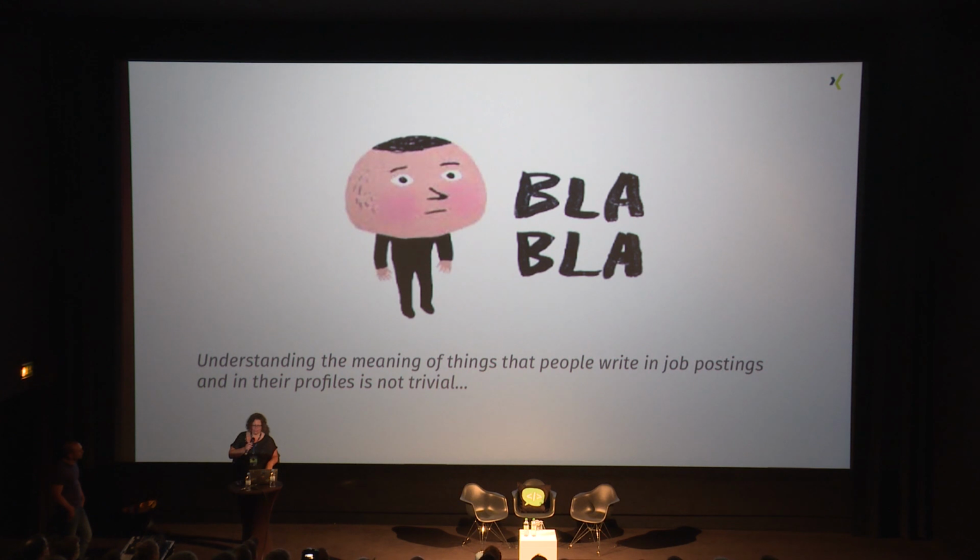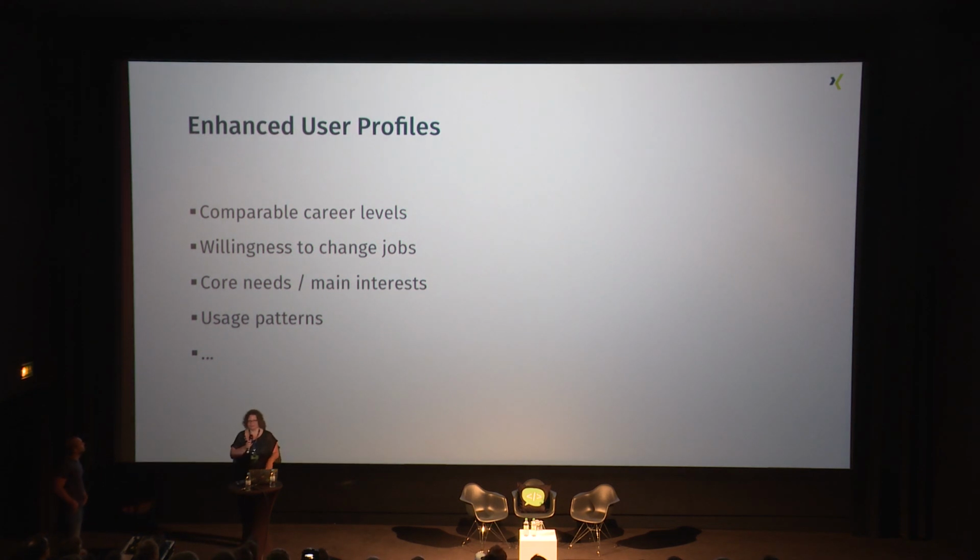Another thing is that even though the users share a lot of information, sometimes it's hard to understand, and sometimes the information is outdated as well. An example for that is, again, the career levels. We have a lot of students on our platform that, in parallel to their studies, founded a one-person startup where they work some hours a week.